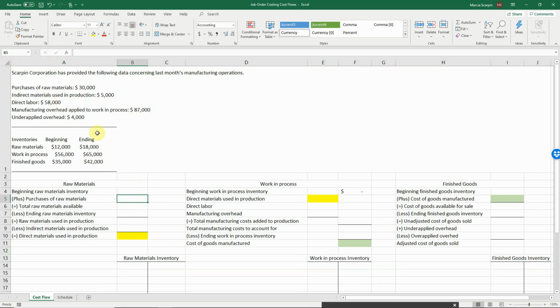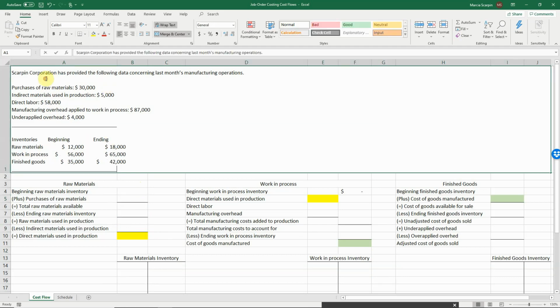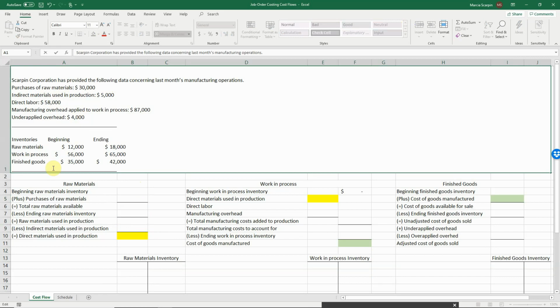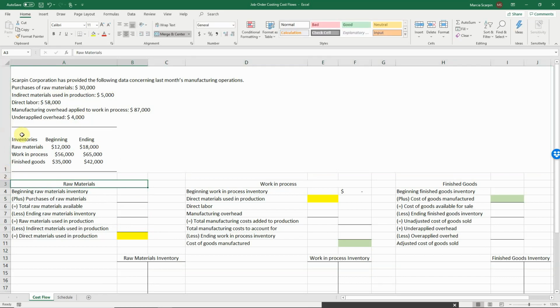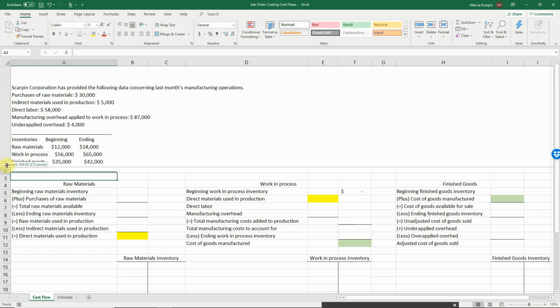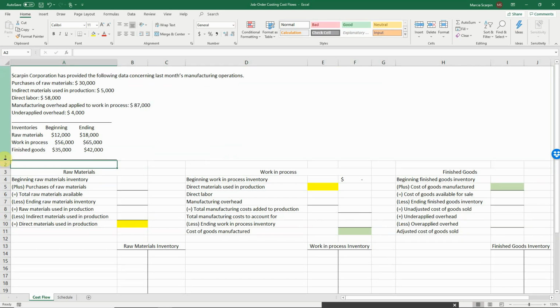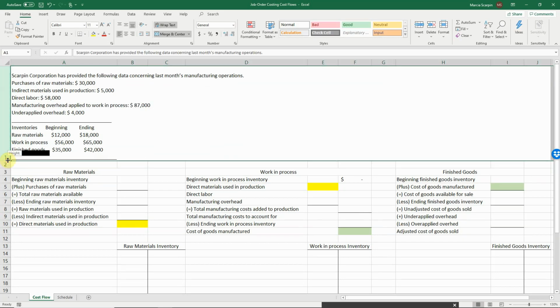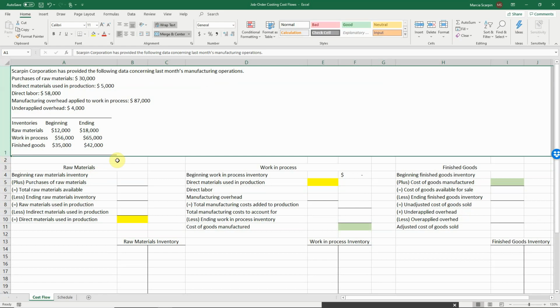So let's consider here Skyping Corporation has provided the following data concerning last month's manufacturing operations. Okay, now we have more space here.